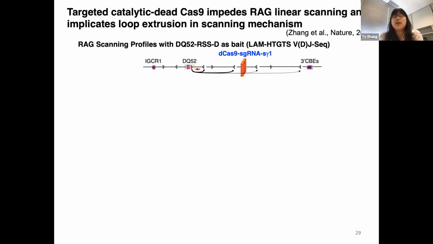To test the role of loop extrusion in RAG scanning, we decided to employ a roadblock and see whether it can impede RAG scanning by impeding loop extrusion. To do this, we used nuclease-dead Cas9 as such a roadblock, because it does not have DNA cleavage activity but retains its DNA binding activity.